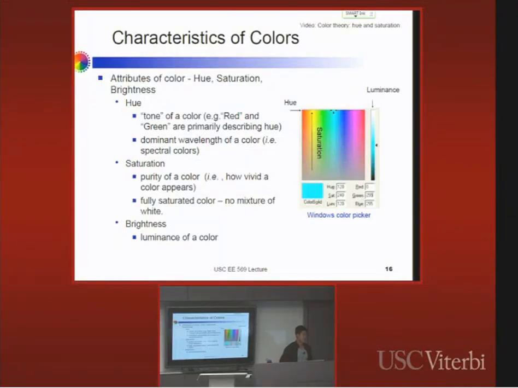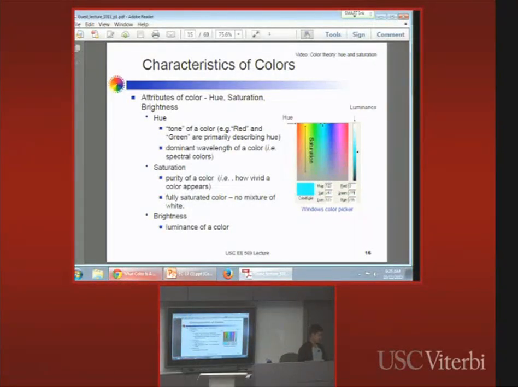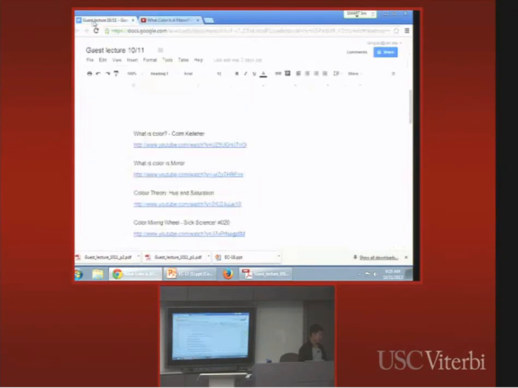Saturation determines how full the color is represented: is it a very soft red or a strong red. Brightness is whether it is a light red or a very dark red. So let's look at a video about hue and saturation.